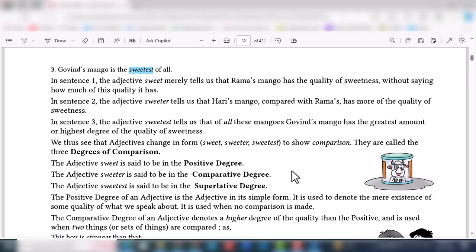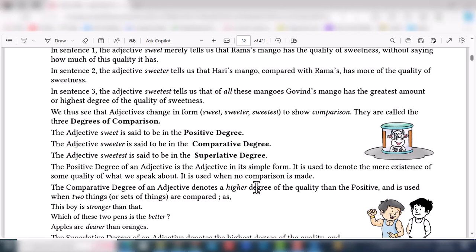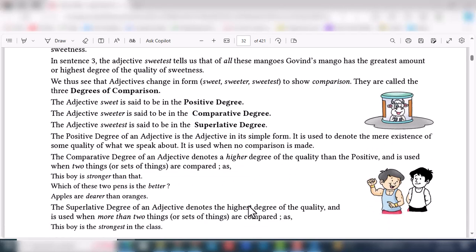And the second one, the comparative degree of an adjective, denotes a higher degree of quality than the positive, and in this degree we make the comparison of two things, two sets of things, and that's why we call it the comparative degree. For example, this boy is stronger than that; which of these two pens is the better; apples are sweeter than oranges.